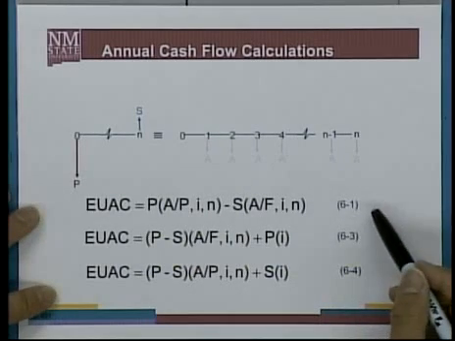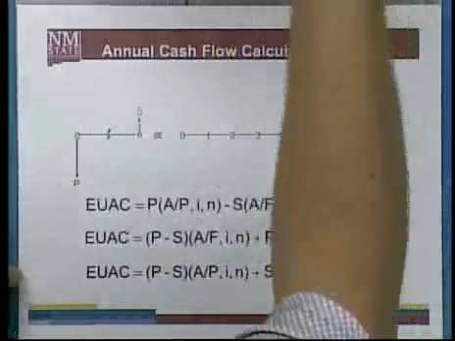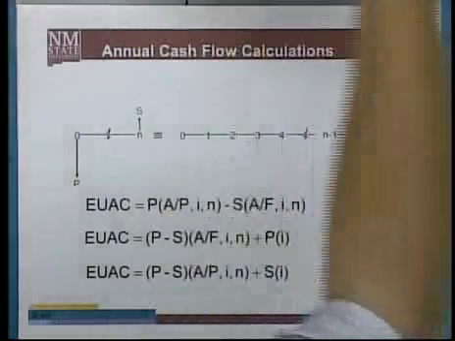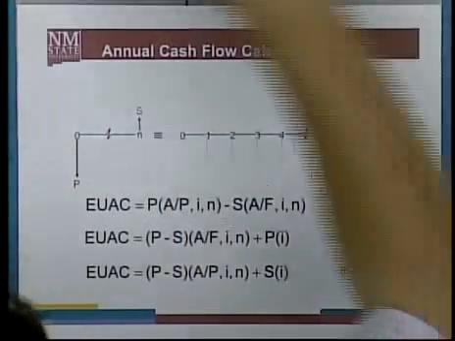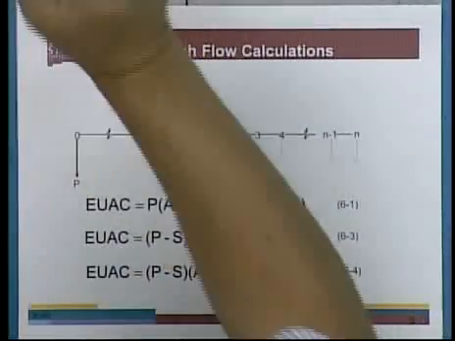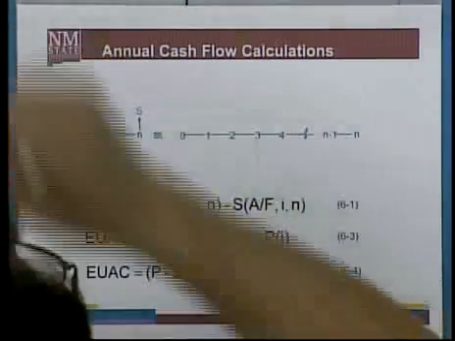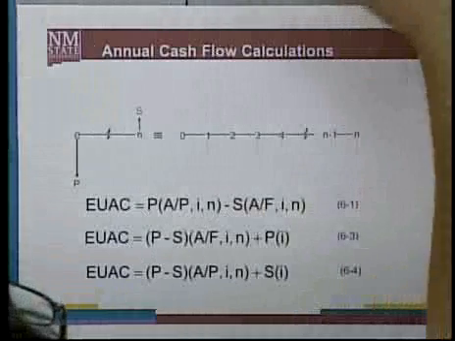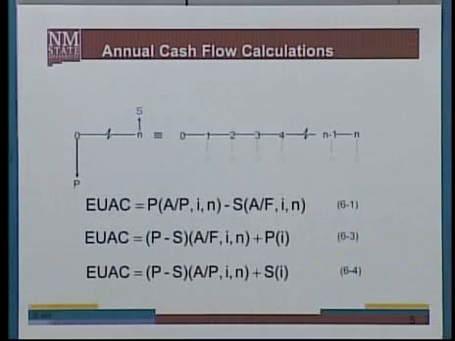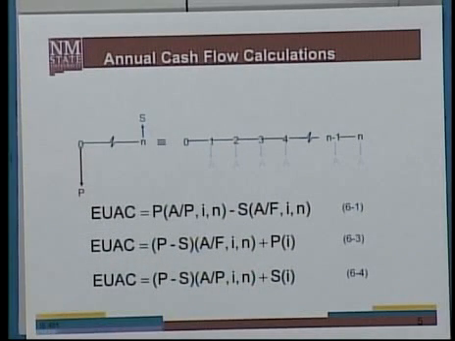These are equations 6-1, 6-3, 6-4, I believe, in our text on page number 193. Okay.